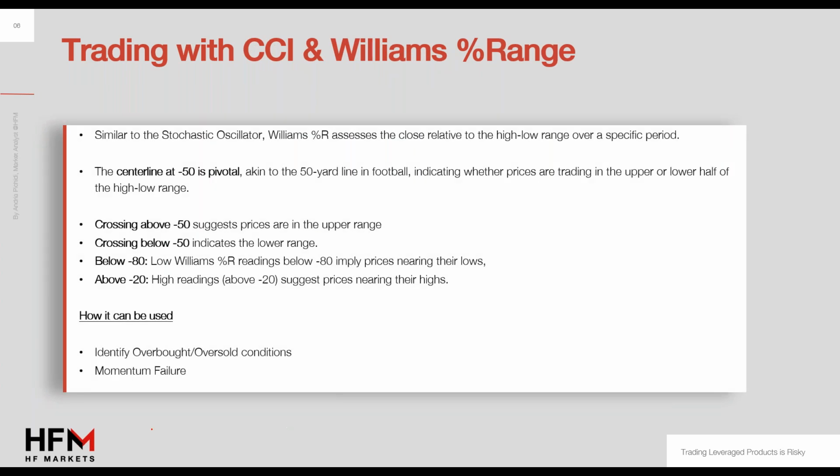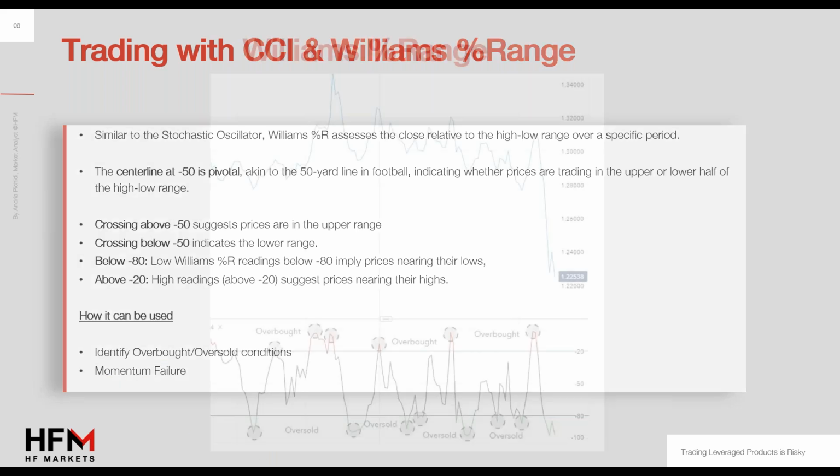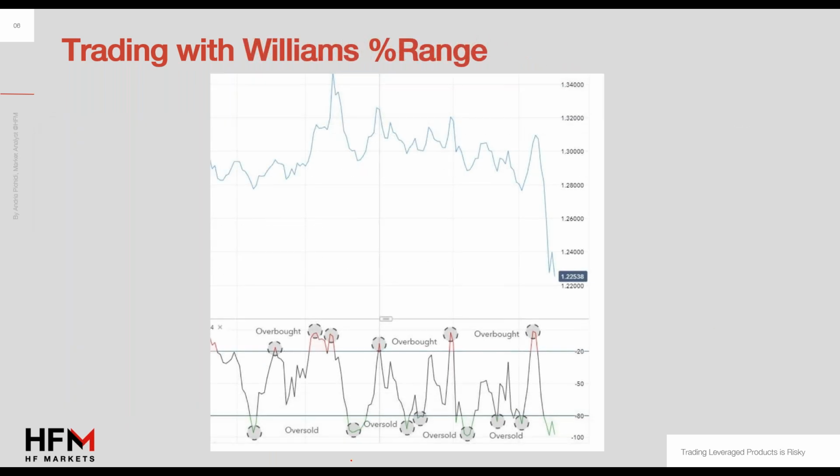There are two ways in which you can use it: for identifying overbought and oversold conditions, and for momentum failure. So here is how it looks. As I already mentioned, any move below minus 80 towards minus 100 is oversold.